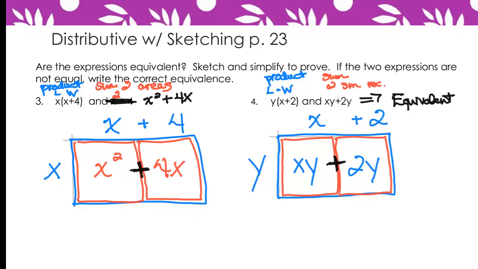We have xy, or y times x plus 2. That's the product. And then we have the sum of those areas, which is xy plus 2y. So yes, those two are equivalent.